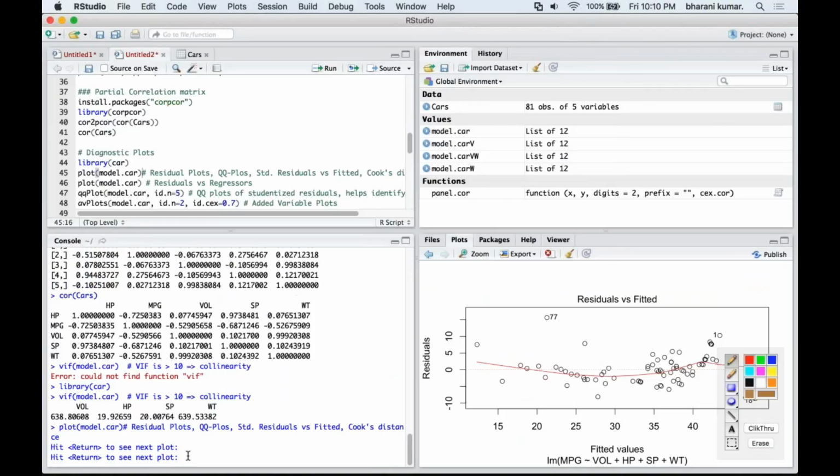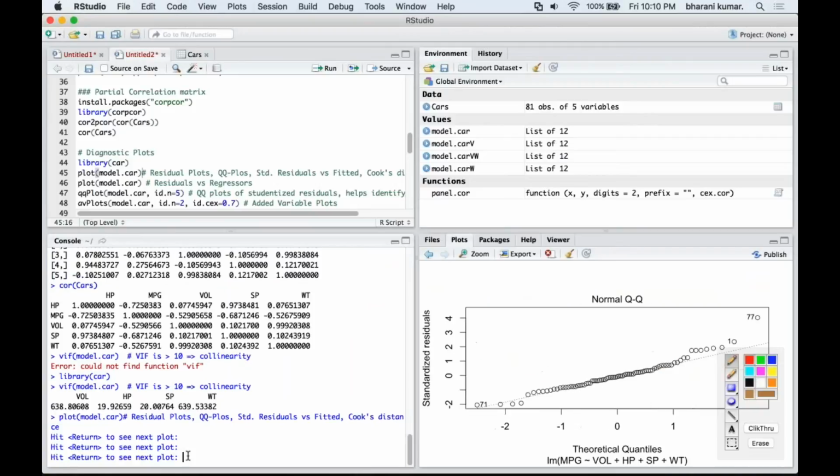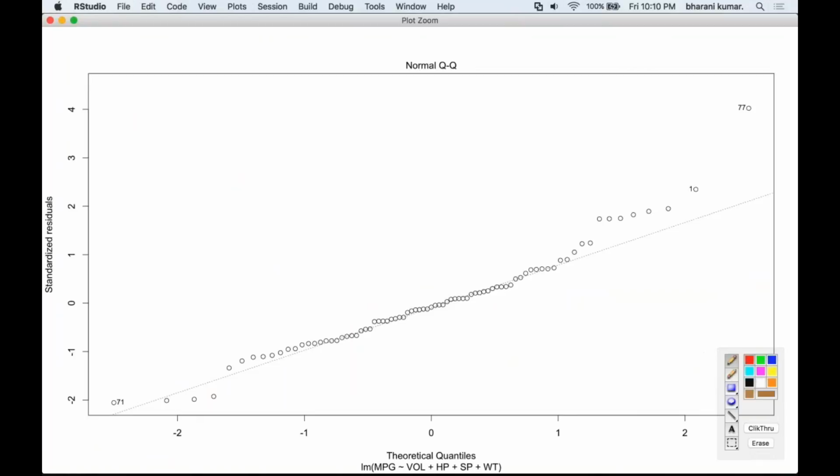Now you need to keep pressing enter. This is called the normal QQ plot, quantile plot. This is used to check whether your errors are normally distributed or not. If majority of the data points are falling along this line, hence you can say that errors are normally distributed.